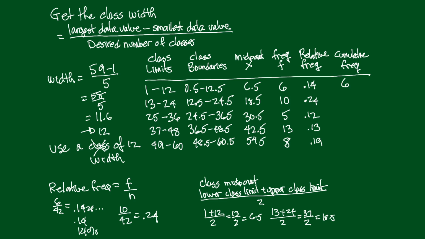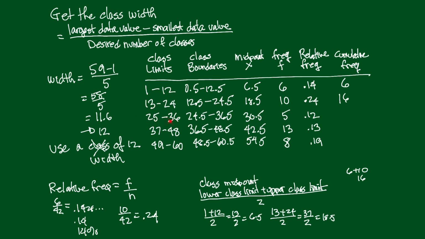Then as I go through this next class here, I've encountered what? 10 more pieces of data. So by the time I go from 1 all the way up through 24, we have accounted for 6 plus 10, I've encountered 16 pieces of data. And then in the third, by the time I get through that third class, I've gone 6 in the first, 10 more here, so 16.